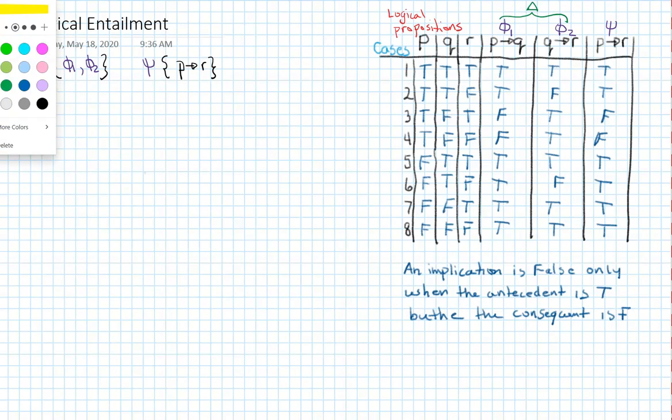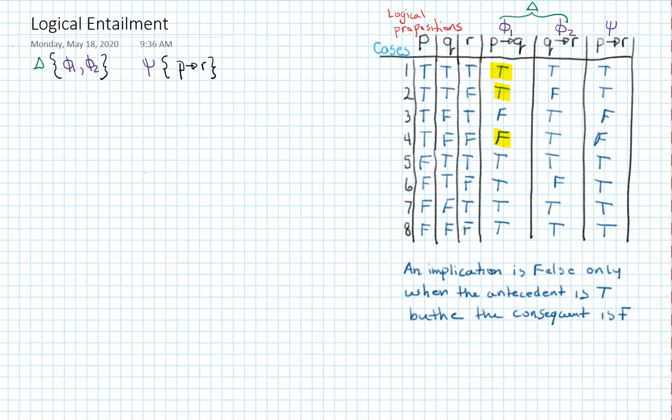All right, now what I'm going to do is I'm going to ask myself, all right, let's see what happens, let's highlight every time phi 1 is true. It's true here, here, oh no, I made a mistake. It's not true there. It's not true there. That's not good.